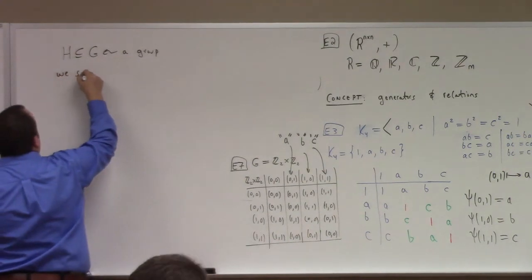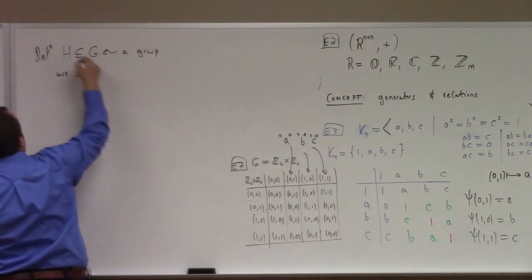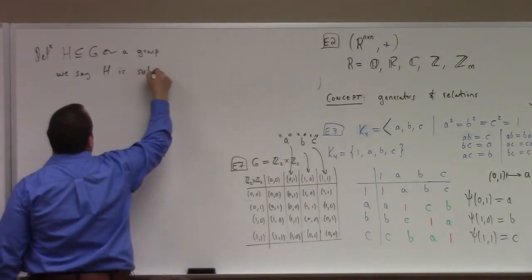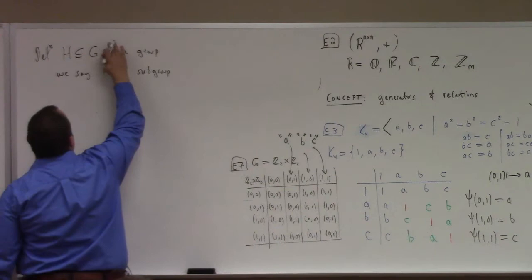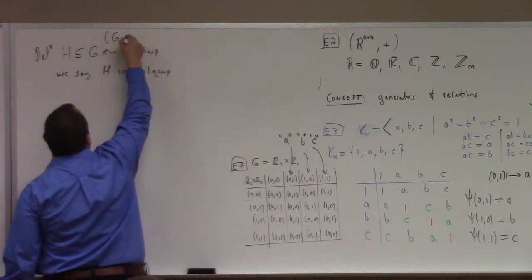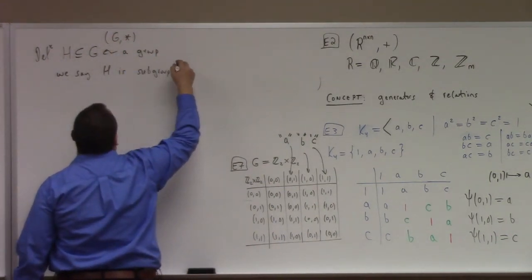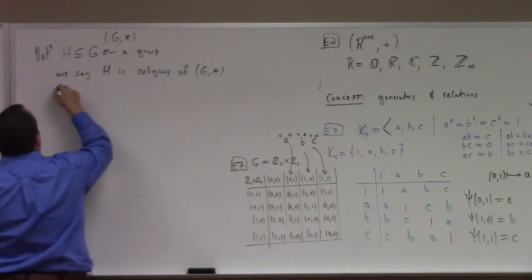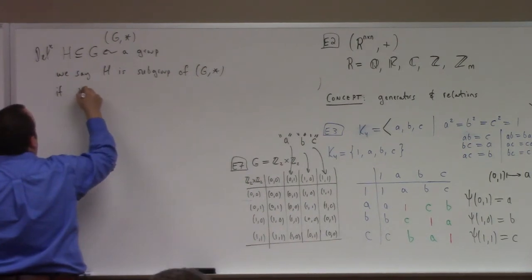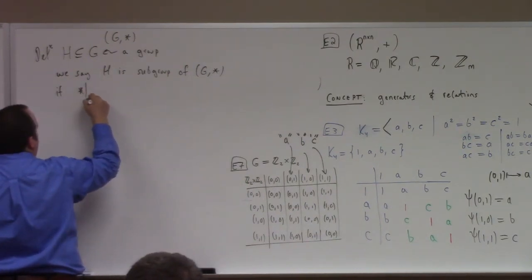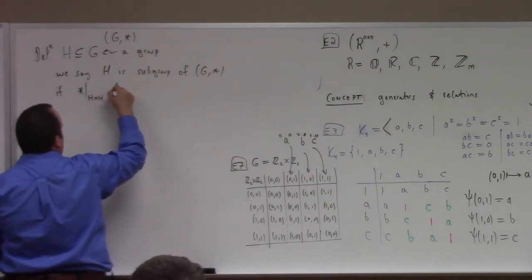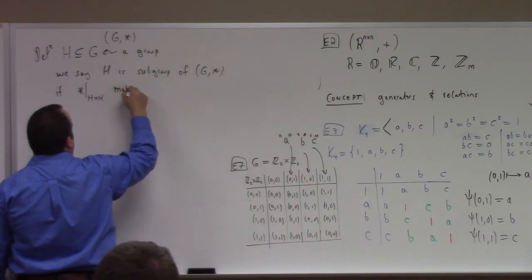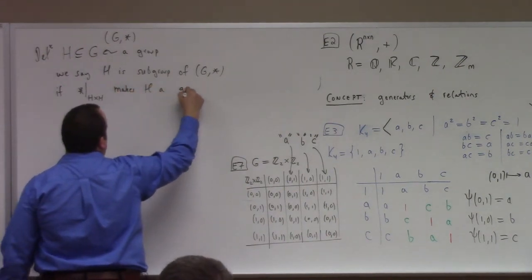We say H is a subgroup. Let me say that we're dealing with (G, star) just to be precise. H is a subgroup of (G, star) if star restricted to H cross H makes H a group.